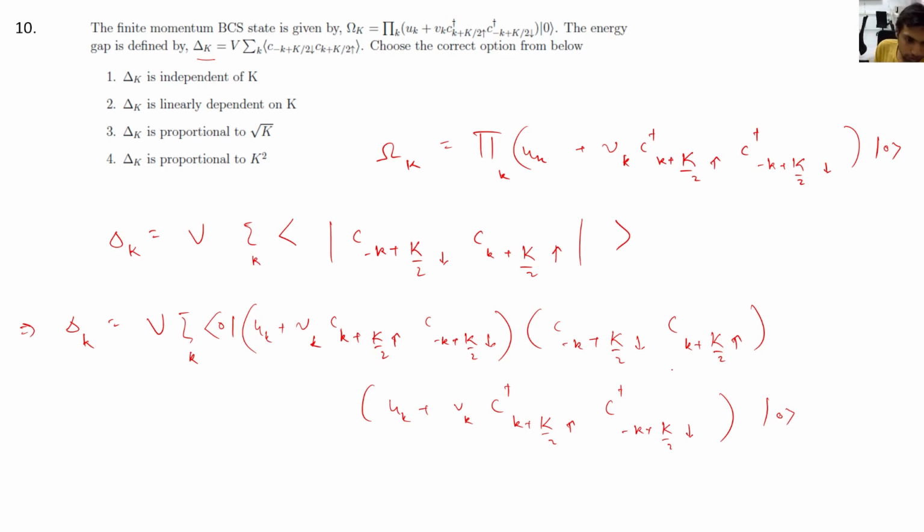Now, if you have a quantity in which there are more c than c daggers, then those quantities will vanish. So we have to choose only those quantities in which there will be the same number of c and the same number of c daggers. So what we have is a sum over k. You see, if this uk, so there is no c. If this gets multiplied with, we will have some quantity like.